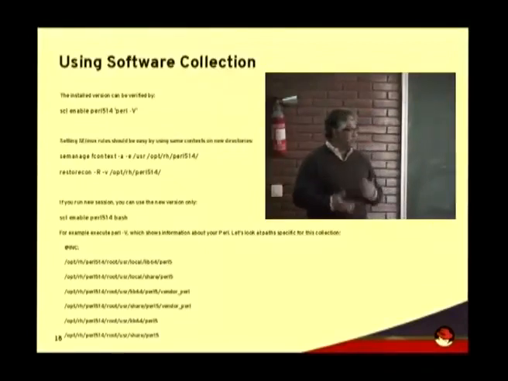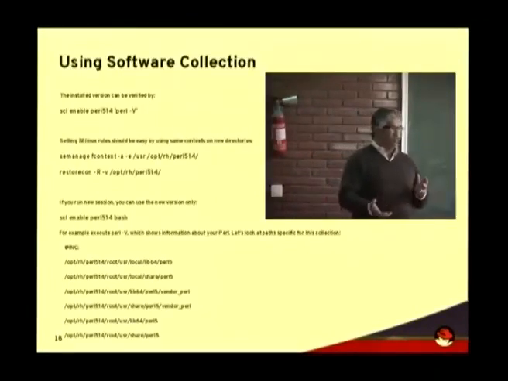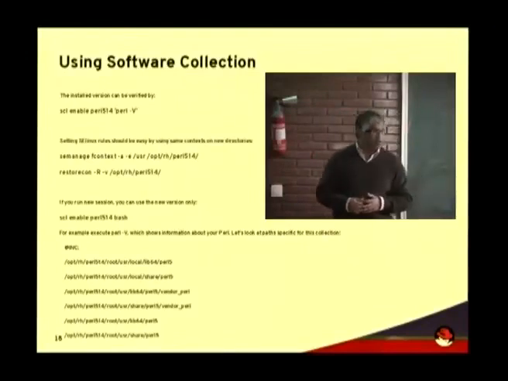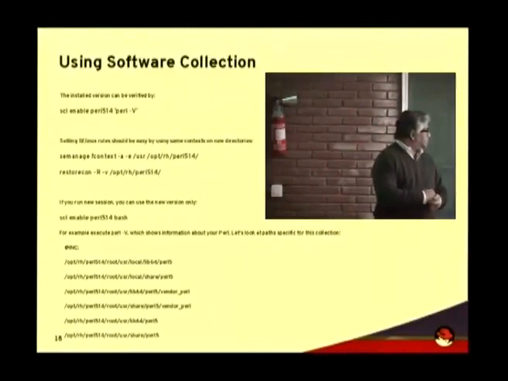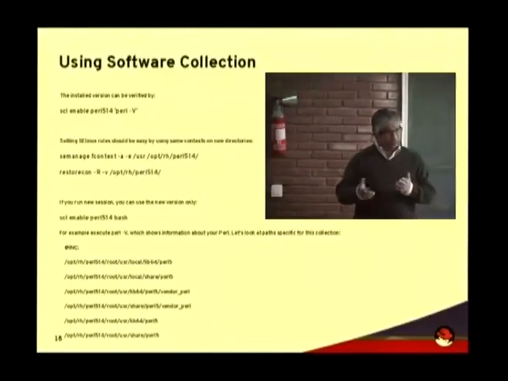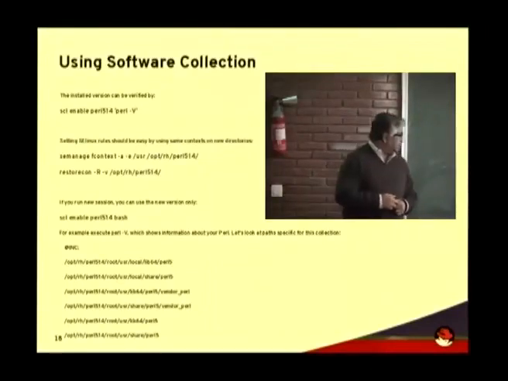So you can look at it in a couple of different ways: do you want to enable this for a startup application, or do you want to just change your default for your login shell? A couple of different ways to do that. If you're running SELinux in the Fedora and RHEL space, you can do the normal SELinux stuff with the software collections. It's no different.